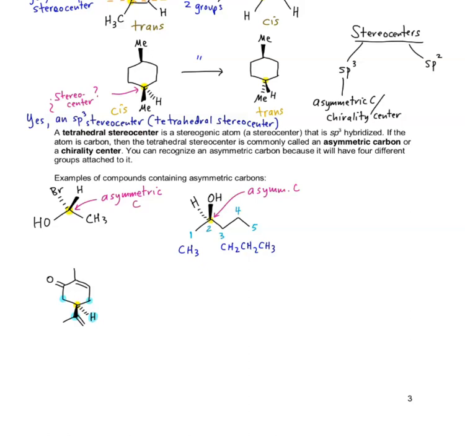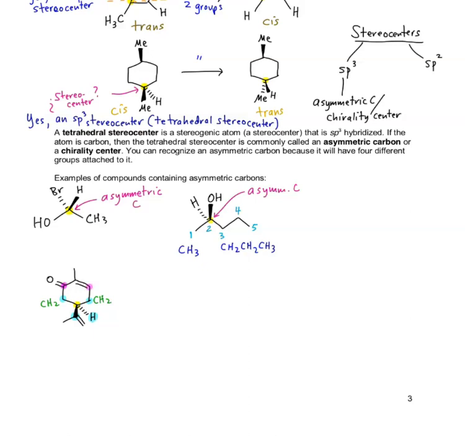Clearly, the hydrogen and the carbon involved in the double bond are different from one another, and both of those things are different from the carbons in the ring. Both of those ring carbons are CH2s. So they're the same, but we're not done. We need to move out another bond.